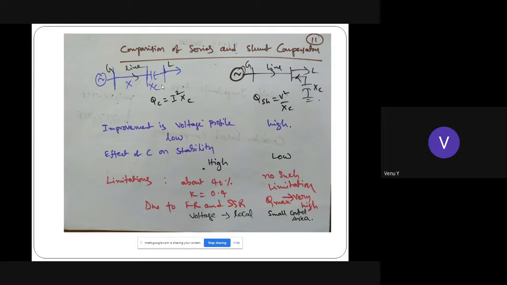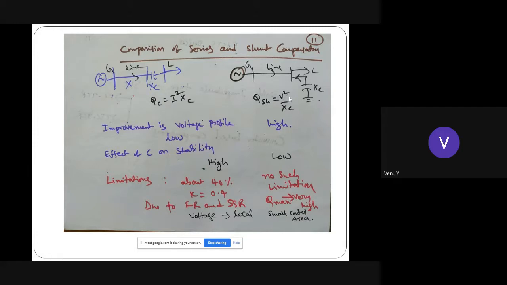For the shunt compensator, the effect is not only on that bus but also on adjacent buses. It is global. The reactive power supplied by the series capacitor is I square Xc, and by the shunt capacitor is V square by Xc. I varies from 0 to maximum, and V varies only about 10%.